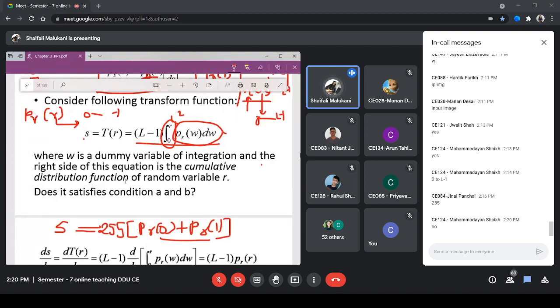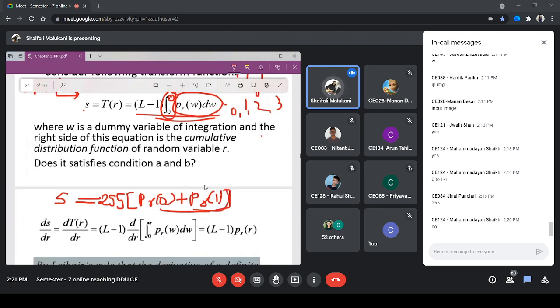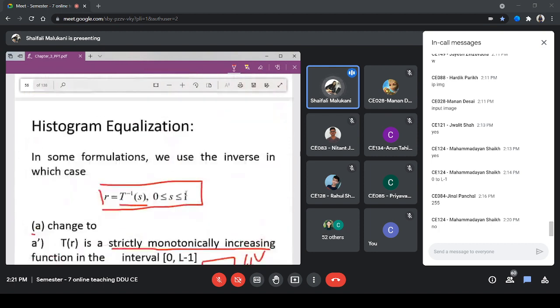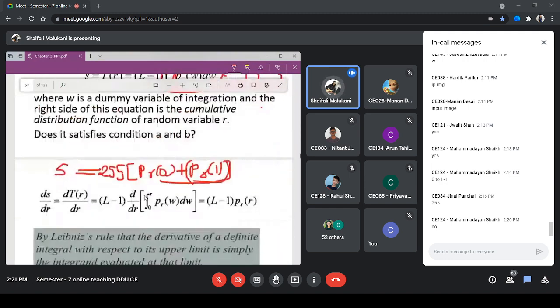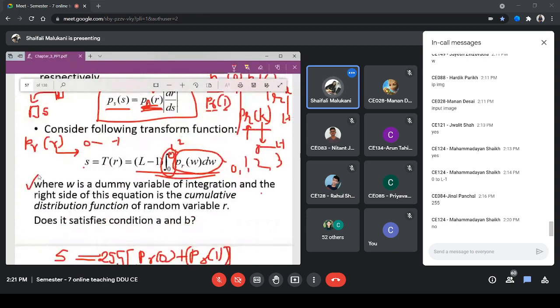If my R value takes 3, then it will be for 0, 1, 2 and 3. If the probability of occurrence of a particular intensity is 0, it may stay at the same value, but it will never be a decreasing function. So the first condition is satisfied.